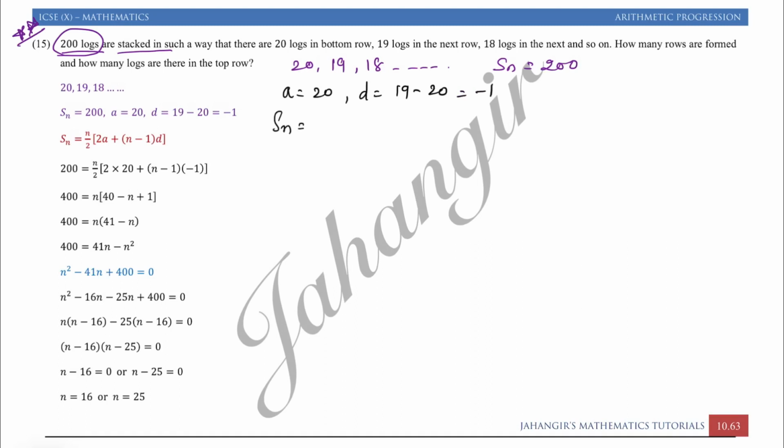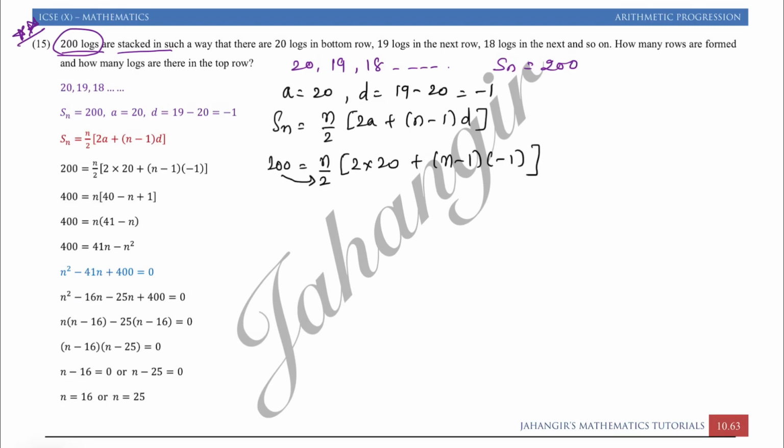Let us write the formula for Sn: n by 2 into 2a plus n minus 1 into d. So 200 is equal to n by 2, n is what we have to find, into 2 into 20 plus n minus 1 into minus 1, because minus 1 is the difference between them.